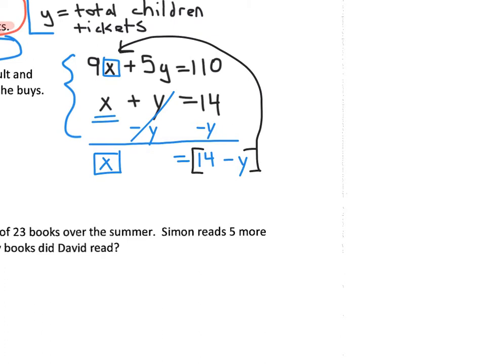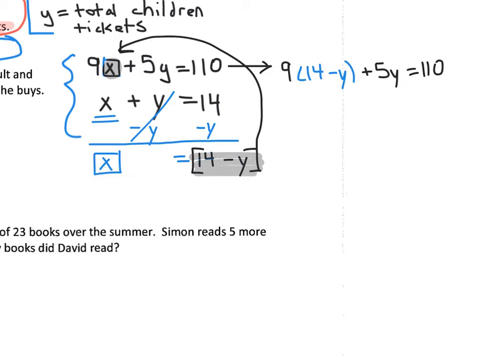I'm going to rewrite this equation on the side: 9 times (14 minus Y) plus 5Y equals 110. Once again, I substituted in 14 minus Y for the X.